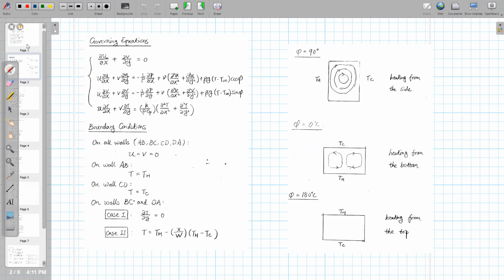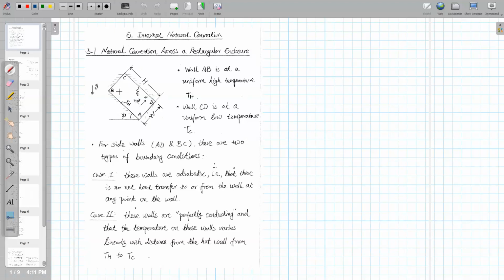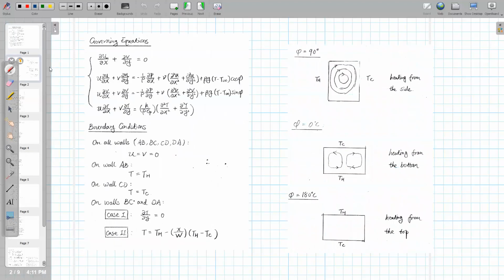That means the two plates with uniform temperature TH and TC become vertical. So basically we have TH on the left and TC on the right. Because the left-hand side has higher temperature, from our external boundary layer for the vertical plate, we know that we will have the flow going up due to the buoyancy effects.